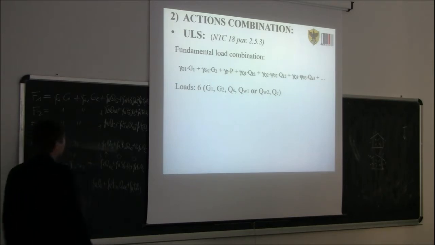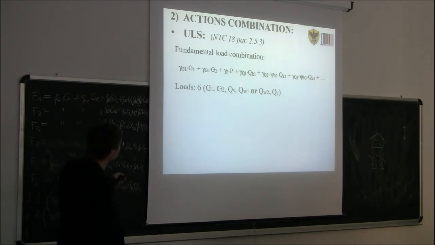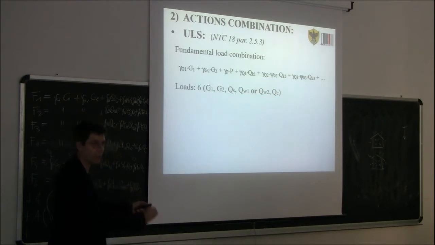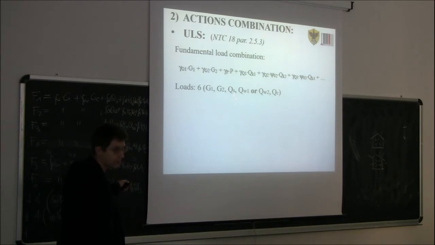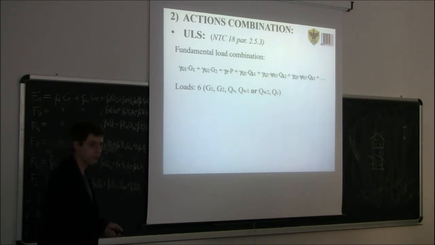If I don't consider QW1, how many possibilities do I have? If I don't consider QW1, I should also not consider W2, because it's either one or the other. So I have QS as a basic and QC as a combination, or QC as a base and QS as a combination. So another 2.